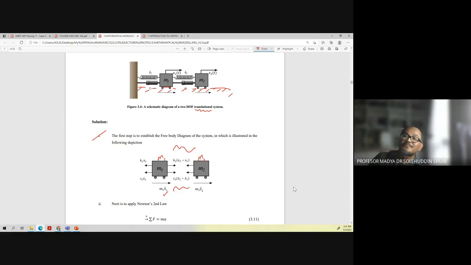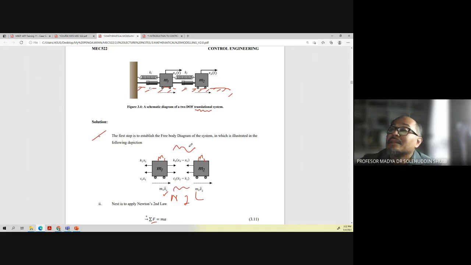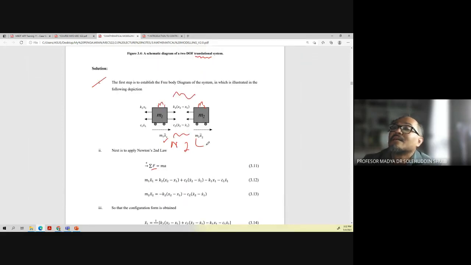First step, and then you apply Newton's second law, which is summation of force equal to mass times acceleration. So what we're going to have here is M1 X double dot 1 equal to the summation of force in the x direction.